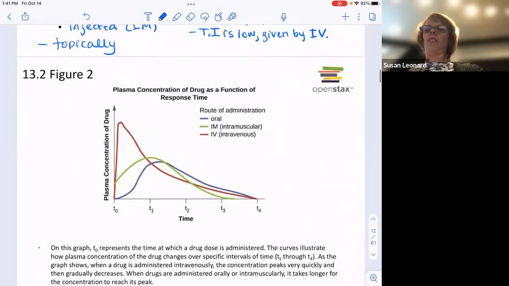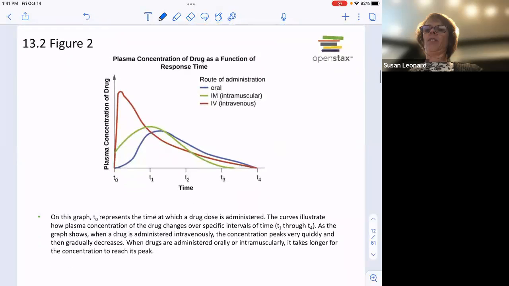Okay, so this chart shows that when we give the drug by IV, the concentration comes up really, really quickly in the blood. And actually, we can drip that in, so it's staying at high concentration. Sometimes that's necessary. Usually we inject it. That's the green line here.